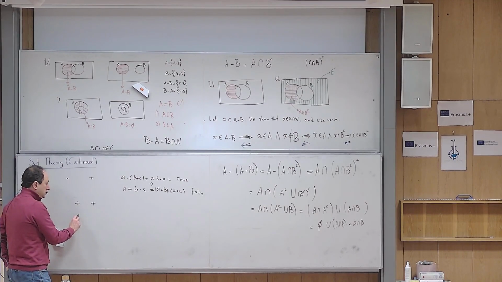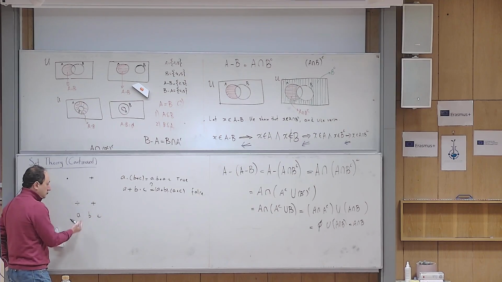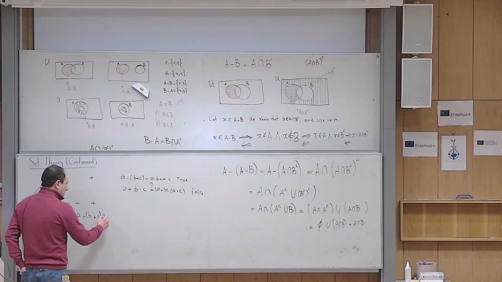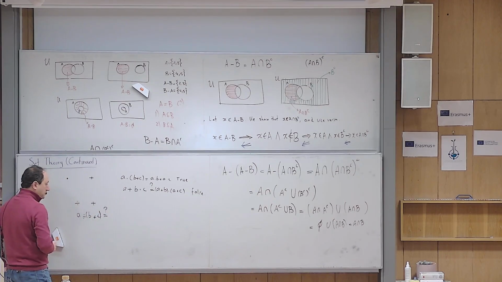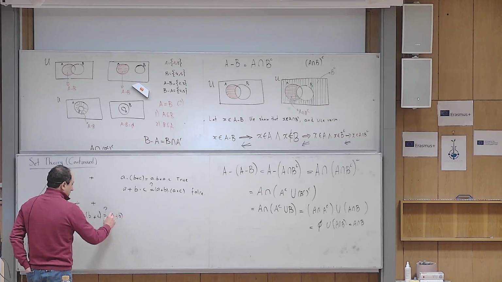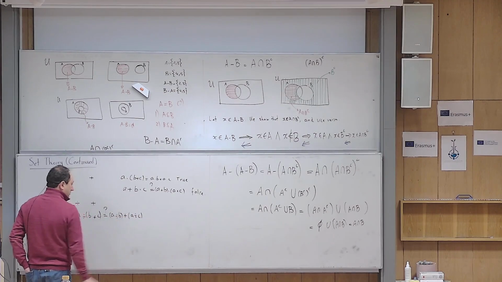You need numbers A, B, and C. I put division here, addition here. And then ask myself, is it the case that A divided by B, A divided by C, and addition?